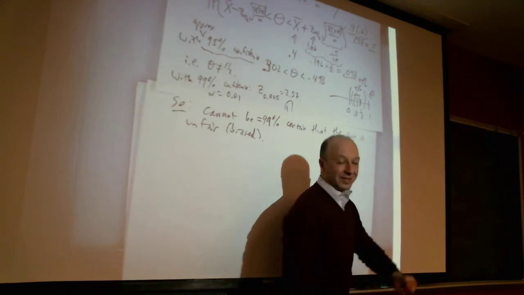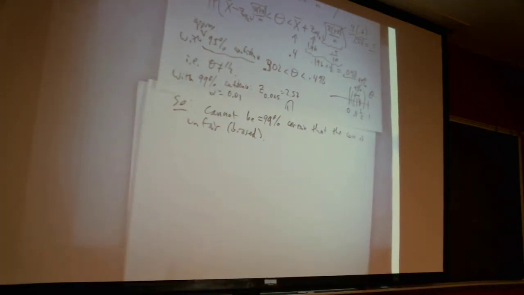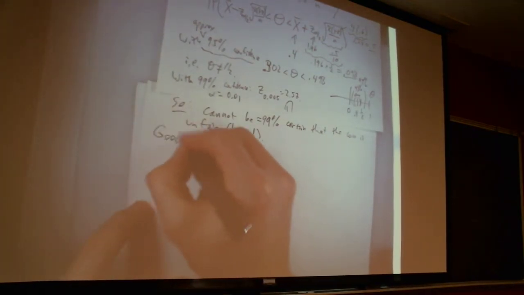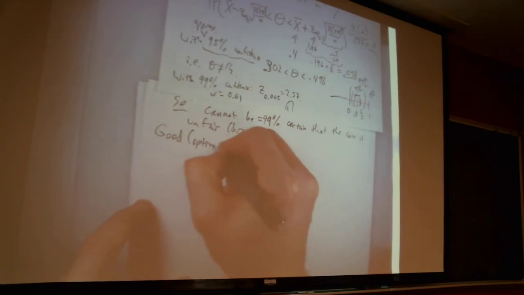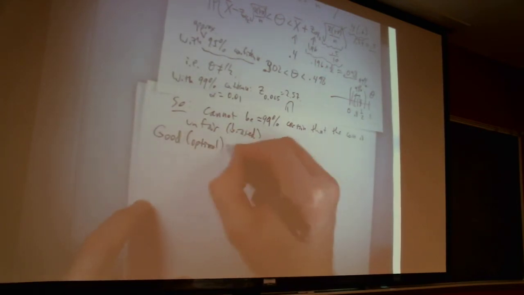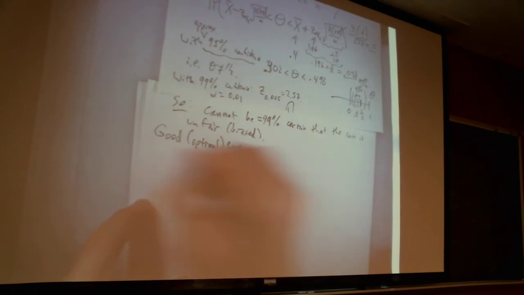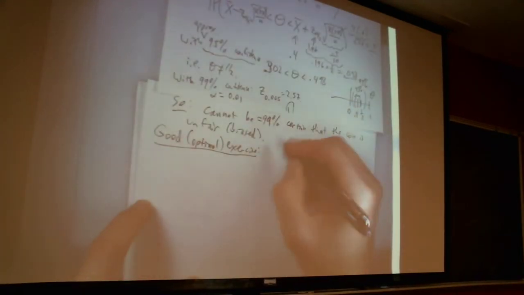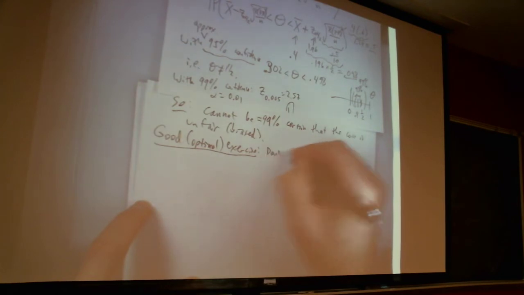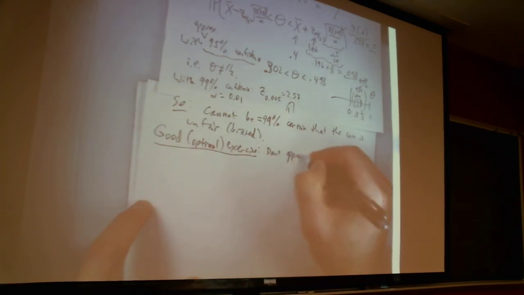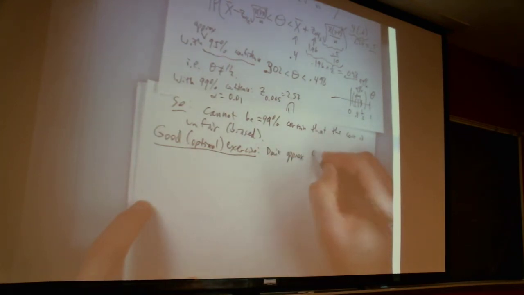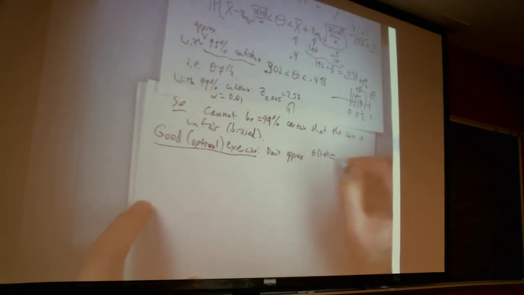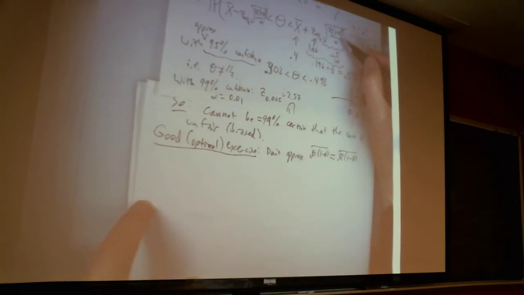Does everyone understand? Let me write that down. Here's a good optional exercise. When you do your homework, don't approximate theta times 1 minus theta by x bar times 1 minus x bar in this error term here.